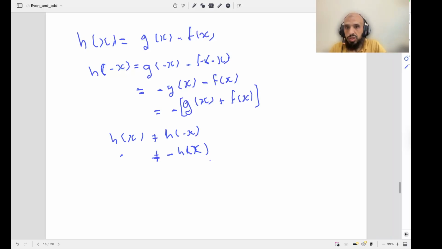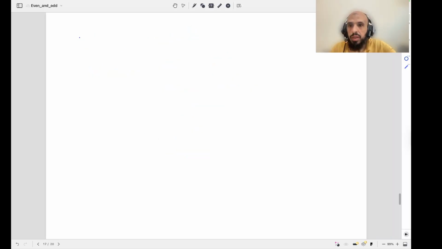Okay, now let's check multiplication. So if we have m of x equals g of x multiplied by f of x, what would m of negative x be?